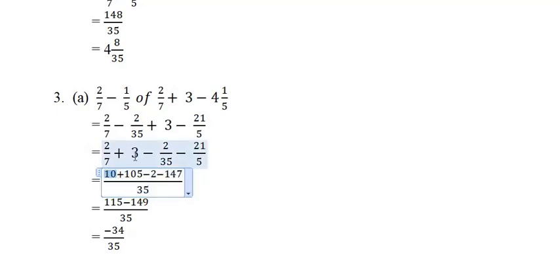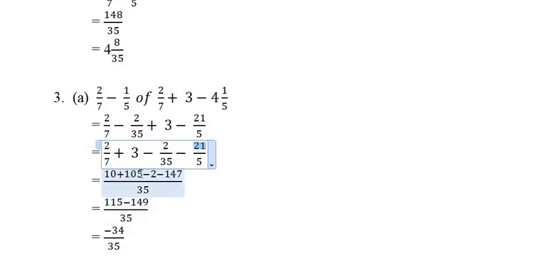And 3 has an invisible 1 out here, so 1, 35 times. So 35 into 3 will be 105. And 35, 1 times, it is 35, so 1 twos are 2. And 5, how many times is 35? 7 times. So 7 into 21 will be 147.